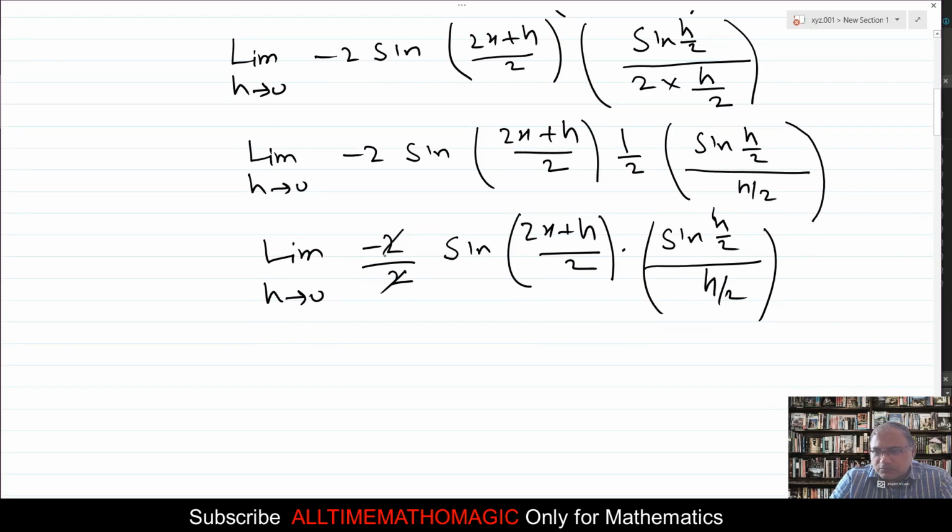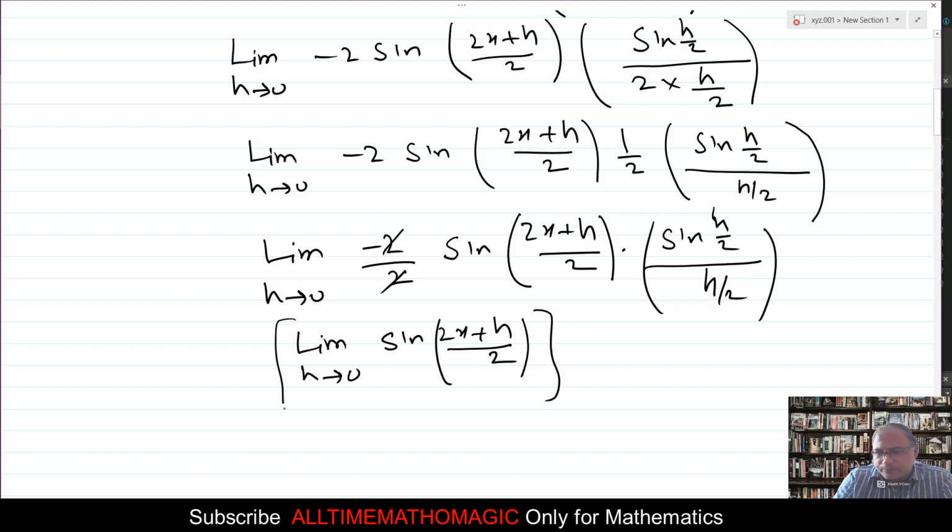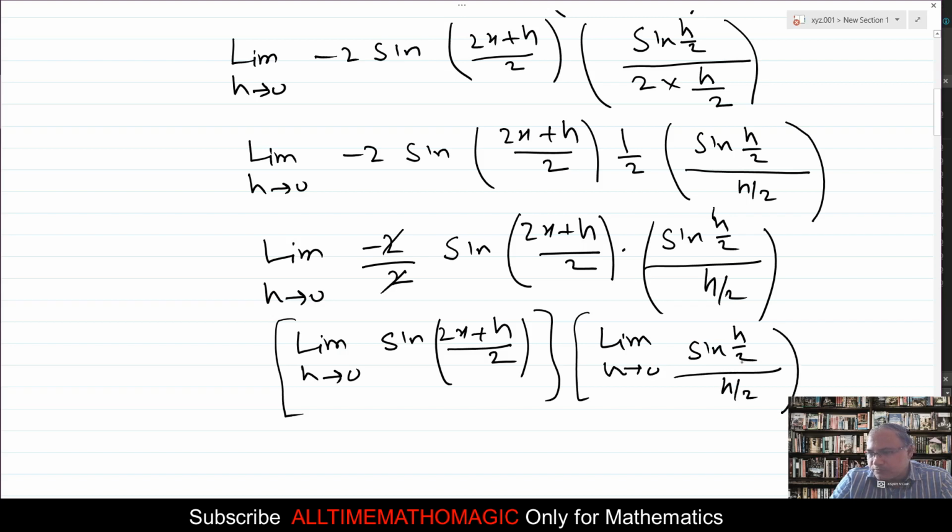This 2 gets cancelled. Now taking the limit to each term, here also limit sin h by 2 upon h by 2.